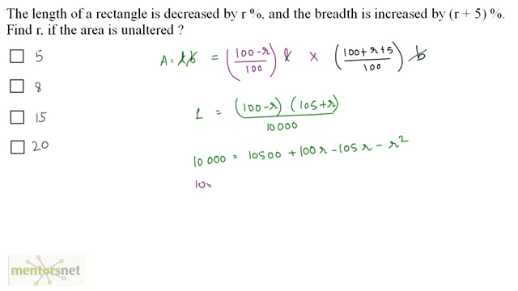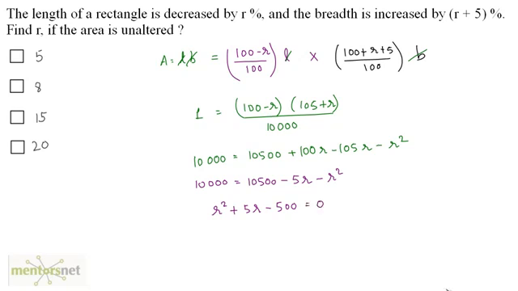So you have 10,000 is equal to 10500 minus 5r minus r square. So r square plus 5r minus 10,500 plus 10,000 gives you minus 500 is equal to 0.